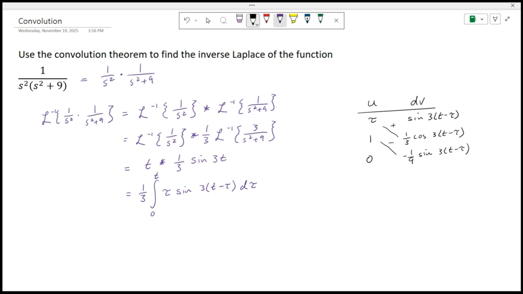So the integral that I get is going to be the 1/3 out front times 1/3 tau cosine of 3 times t minus tau, plus, with a double negative there, 1/9 sine of 3 times t minus tau.